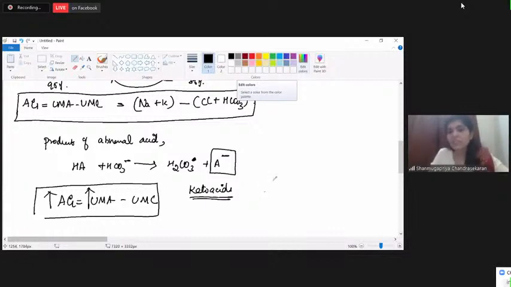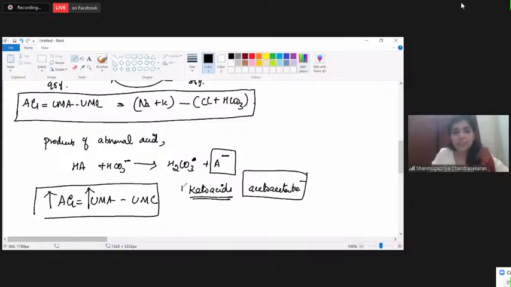So this acetoacetic acid dissociates into acetoacetate anion, which is an unmeasured anion, increasing the anion gap. So increased anion gap metabolic acidosis can be because of ketoacidosis, or it can be because of lactic acidosis. What happens in lactic acidosis? Lactate anion accumulates, and that is again an unmeasured anion, increasing the anion gap.